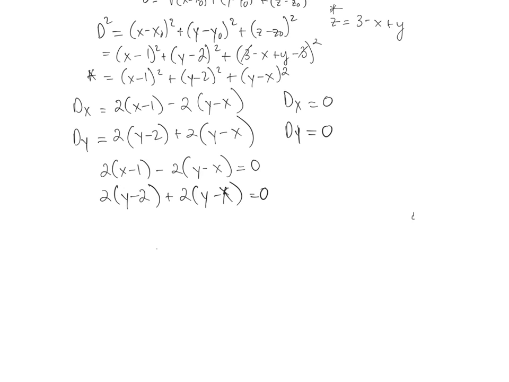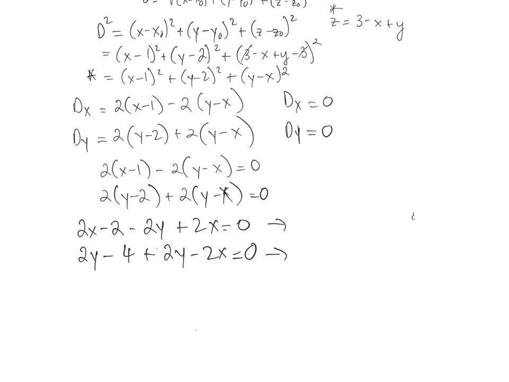So you would get 2x - 2 - 2y + 2x = 0, and 2y - 4 + 2y - 2x = 0, and then simplify it. So you would get 4x - 2y = 2, and -2x + 4y = 0.